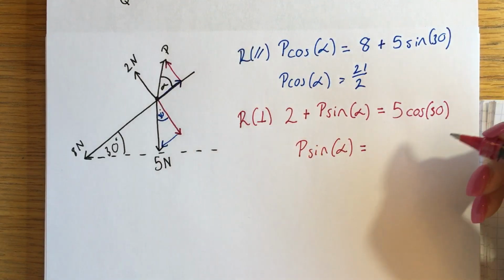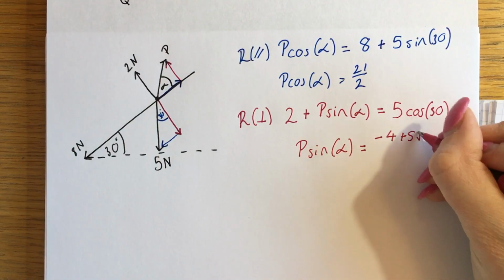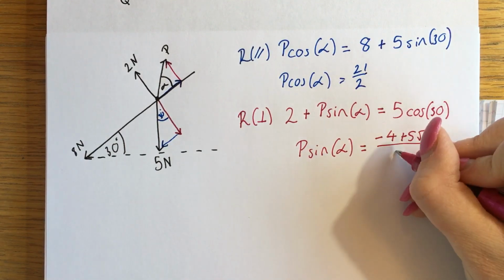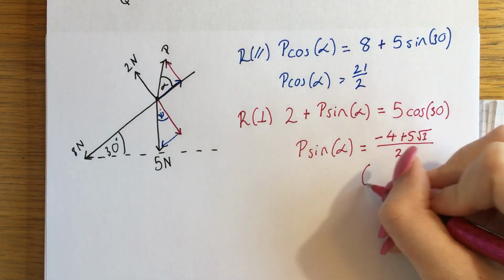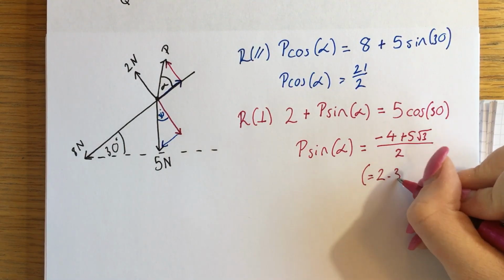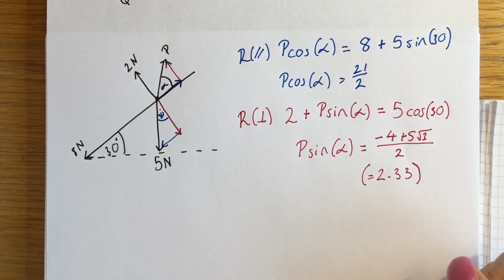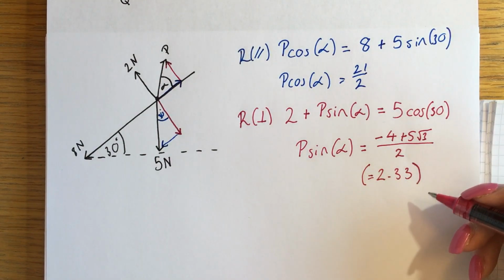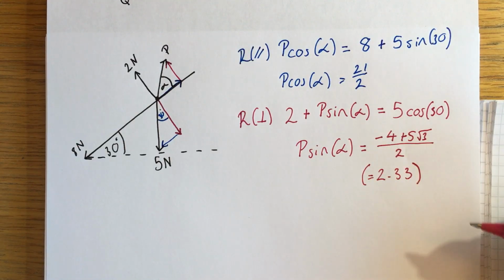P sine alpha must be equal to, so I type it into my calculator. I'm going to write my exact answer if I can. So -4 plus 5 root 3 over 2, which is approximately equal to 2.33. But that doesn't really matter, just so that you've got an idea if you do press the SD button.